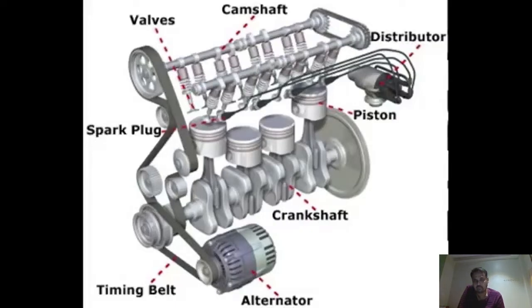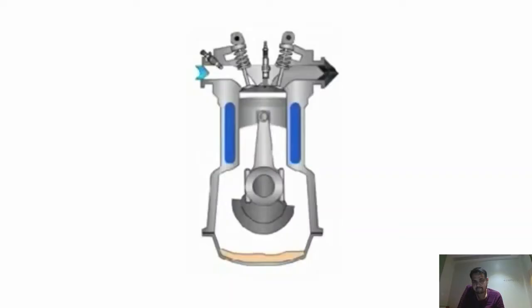The pistons turn the crankshaft, and from there, using a belt and pulley system, the crank turns the alternator to charge the battery, and then the camshaft, which opens and closes the valves to let more gas in and exhaust out. Next, we will show the 4 strokes of the engine.